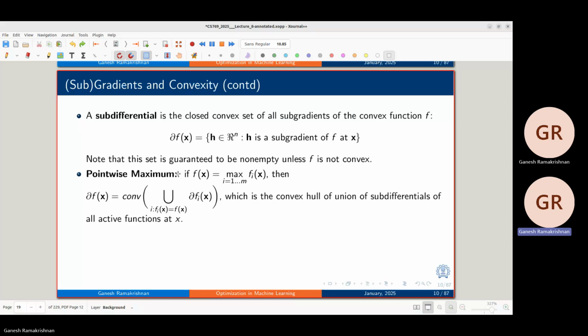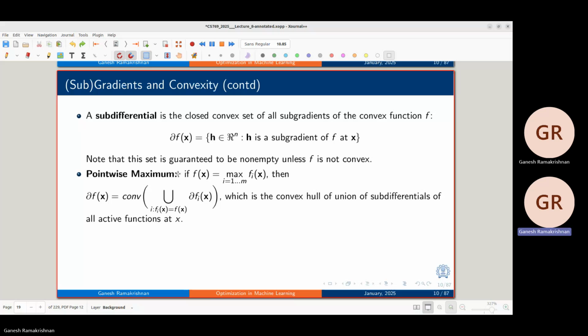There will be active functions at every point, obviously. So active functions are those that coincide with the max value. I mean, it's not that it will never attain the value. It may not. So your point is it may sometimes be empty. That's a good point.